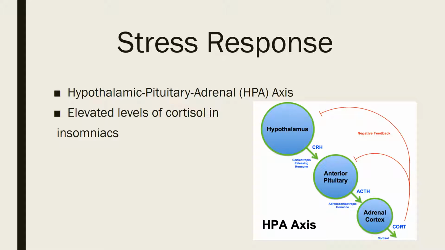This stimulates the anterior pituitary to release adrenocorticotropic hormone. The hormone is then transported through the blood to the adrenal gland, which is located on top of our kidneys. After ACTH binds to the adrenal glands, cortisol is released. Cortisol acts on our body's metabolic functions, and it has been shown that people who suffer from insomnia have elevated levels of cortisol in their bloodstream.